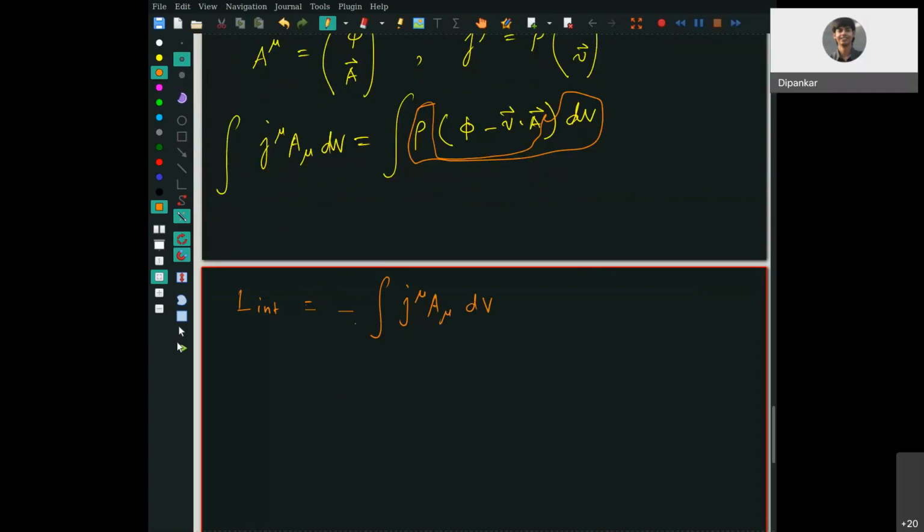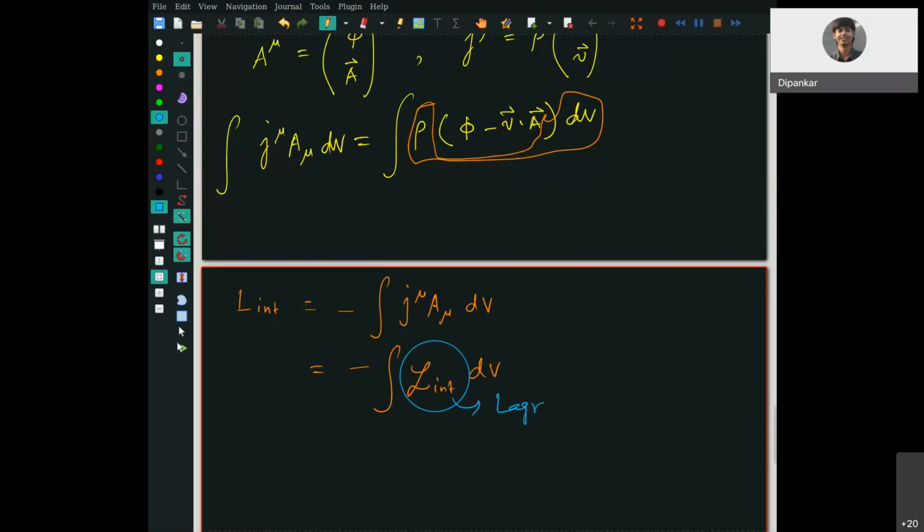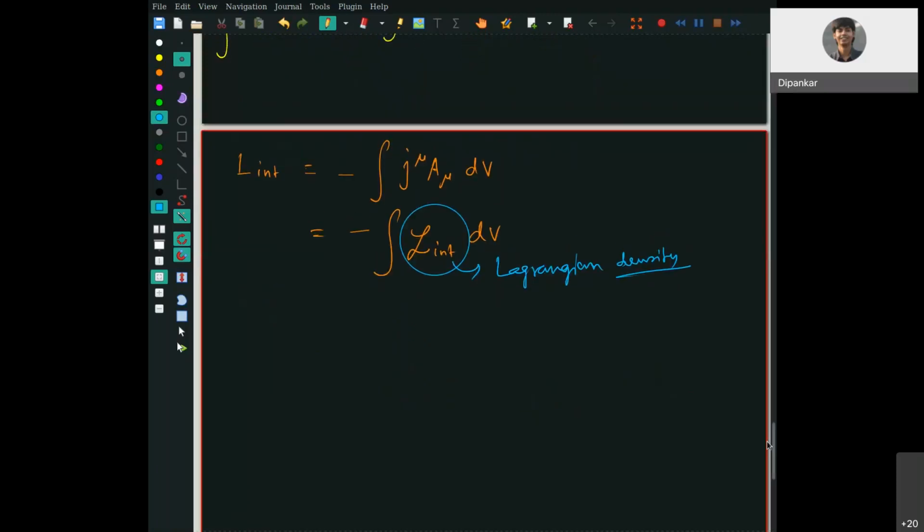This will be clear later when I talk about classical field theory. Similar to charge density, I would later call this the Lagrangian density. The interaction Lagrangian density is just J mu A mu.